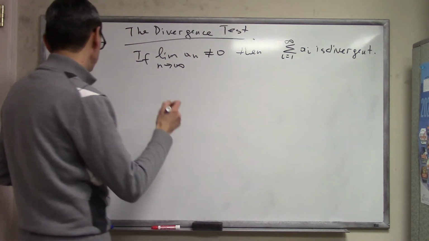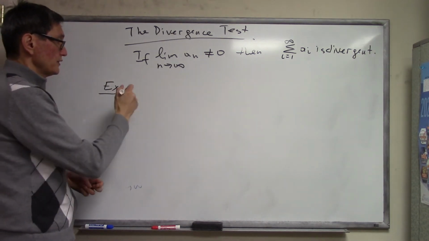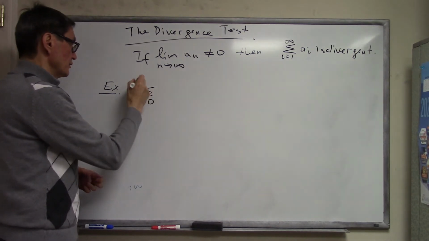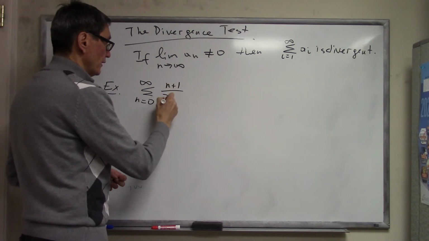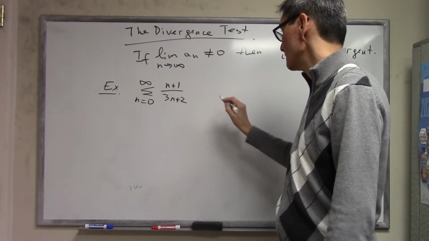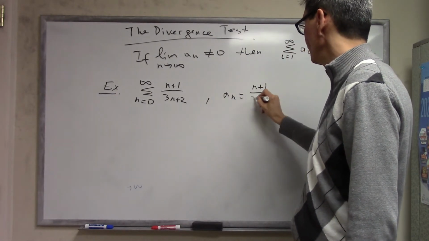For example, if you look at the series which consists of sum n from 0 to infinity, n plus 1 over 3n plus 2. In this case, an equals n plus 1 over 3n plus 2.